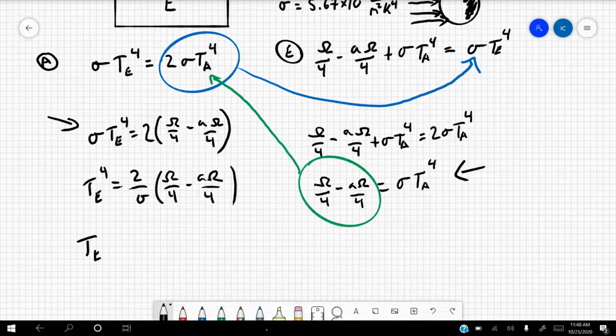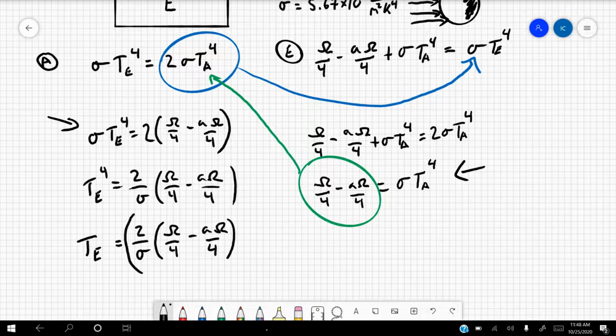And we would find that TE is equal to 2 over sigma times omega over 4 minus A omega over 4 inside a set of parentheses, all raised to the 1/4 power.